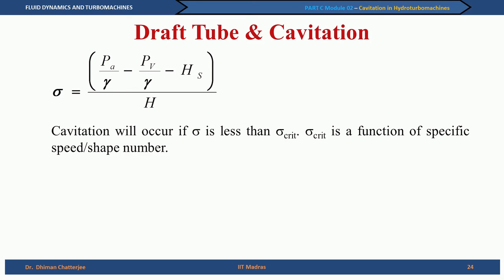Just like we said that if NPSH available is less than NPSH required, cavitation can occur, similarly cavitation will take place if sigma is less than sigma critical, and this sigma critical is a function of specific speed, or the shape number, or the type of turbine.